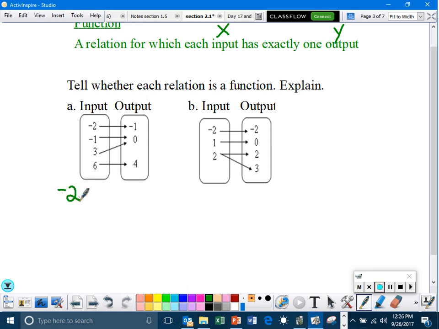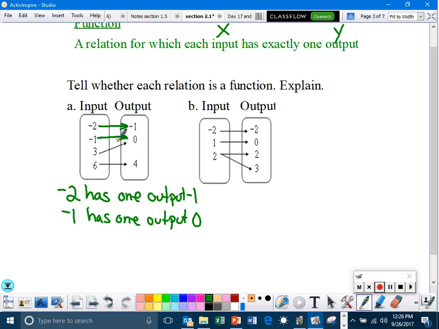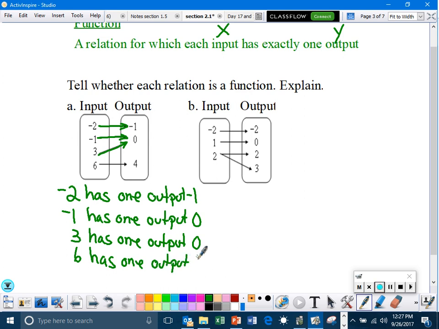So the -2 has one output, -1. -1 has one output, and that would be 0. 3 has one output, and that would be 0. 6 has one output, and that would be 4.